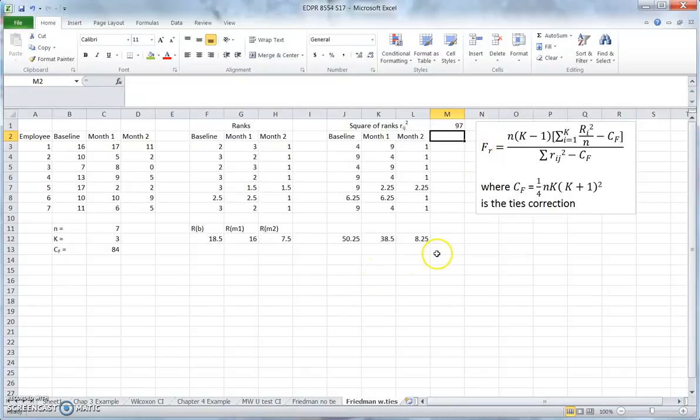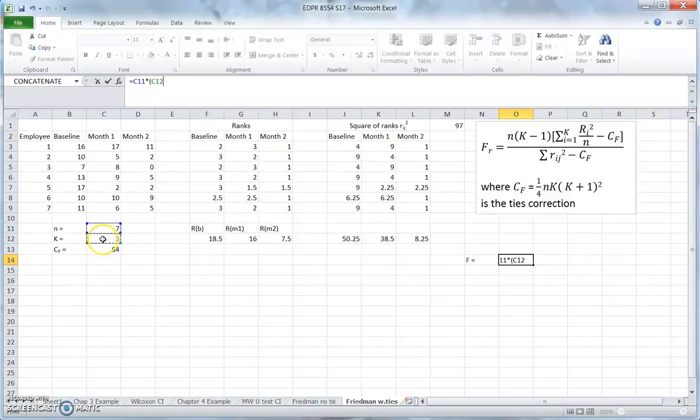And now I'm ready to calculate the F-statistic. So F equals, for the numerator, N, which is 7, times K minus 1, and then times, in the parentheses, R1 squared divided by 7, plus R2 squared divided by 7, plus R3 squared divided by 7.